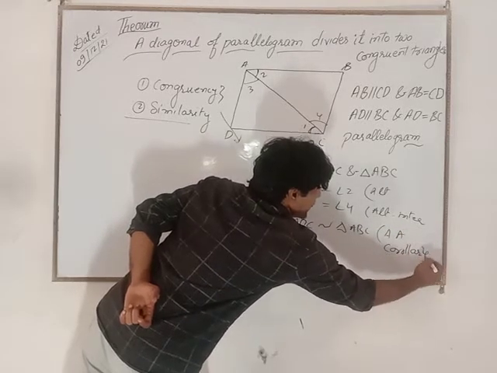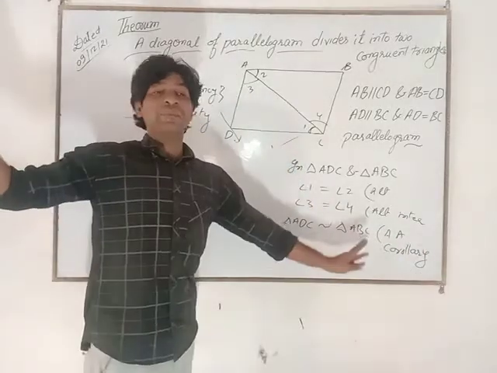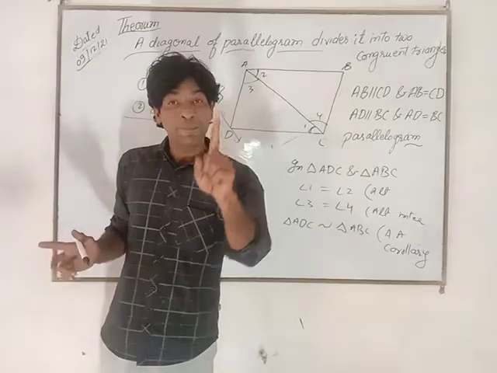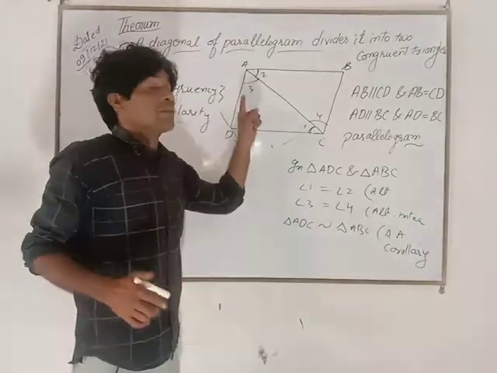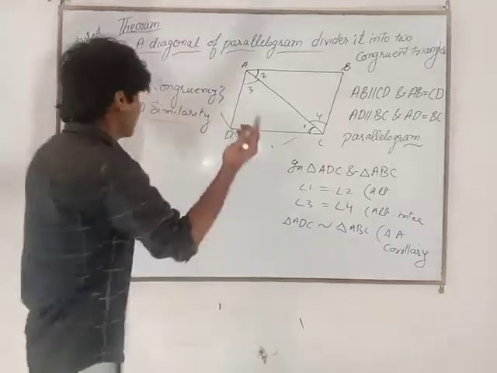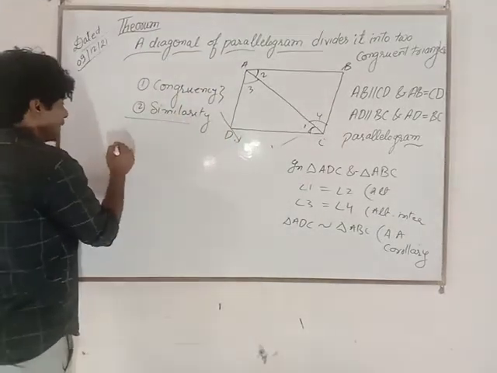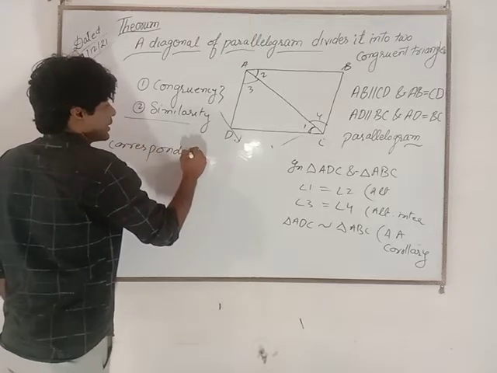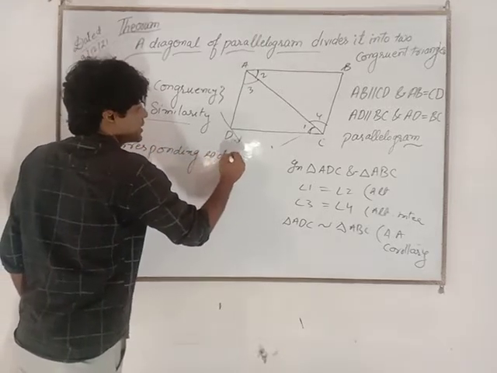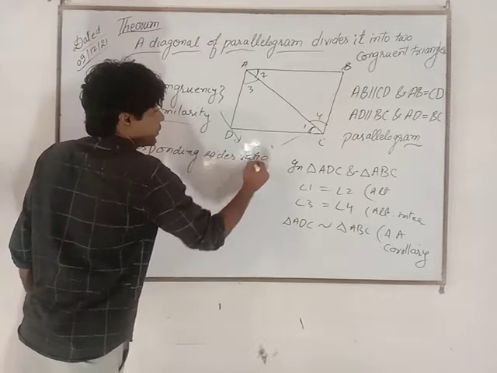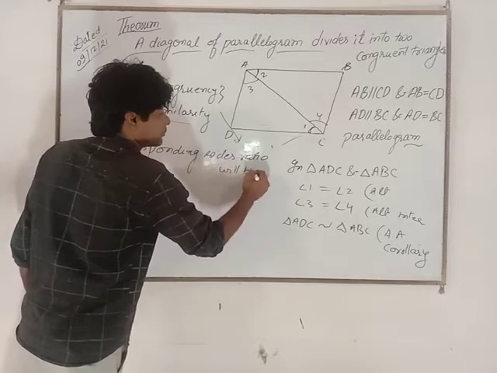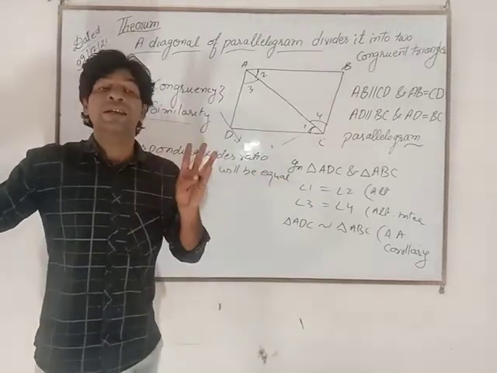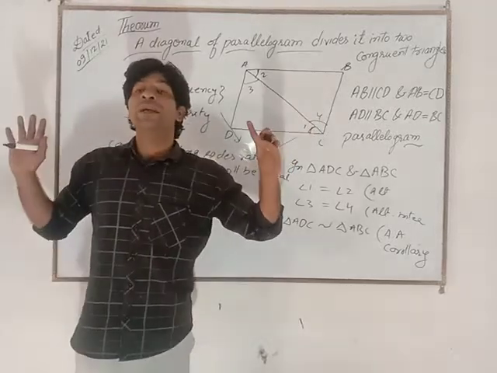By the AA corollary, both triangles are similar, and if both triangles are similar, it implies that the ratio of corresponding sides will be equal. From the similarity concept, the corresponding sides ratio will be equal.